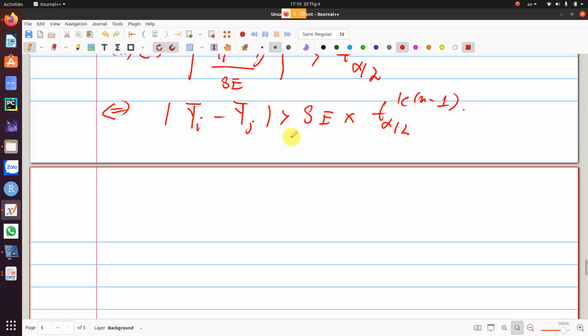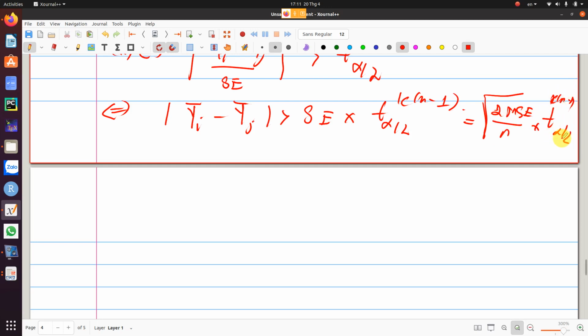So this term equals the square root of 2 MSE over n multiplied by t kn minus k alpha over 2. So the right term we denote by LSD. This is called LSD.